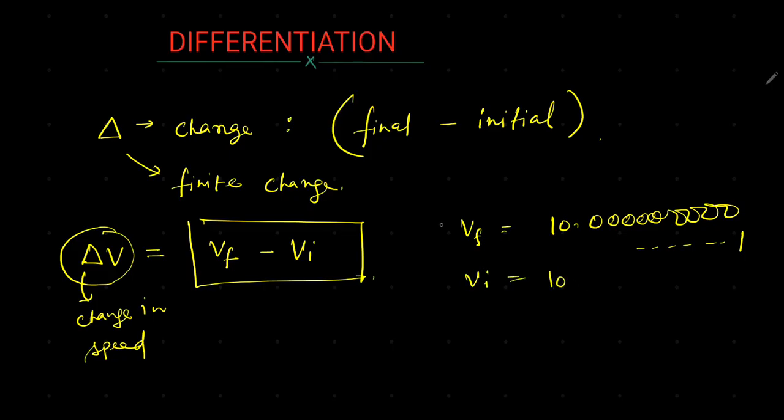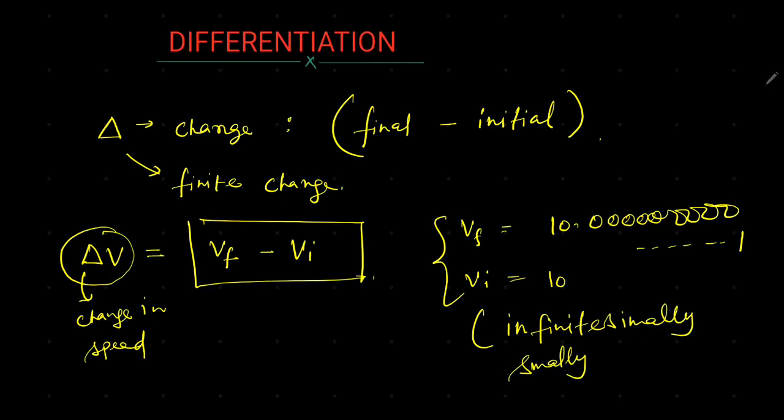If I'm asking you what is the difference between the velocities, what is the change in the speed here, you will say, sir, it is 0.00000. Too many zeros, you can't even have confidence over the 0, and you can't have a finite value, right? That particular difference in this example will be called an infinitesimally small difference, right?